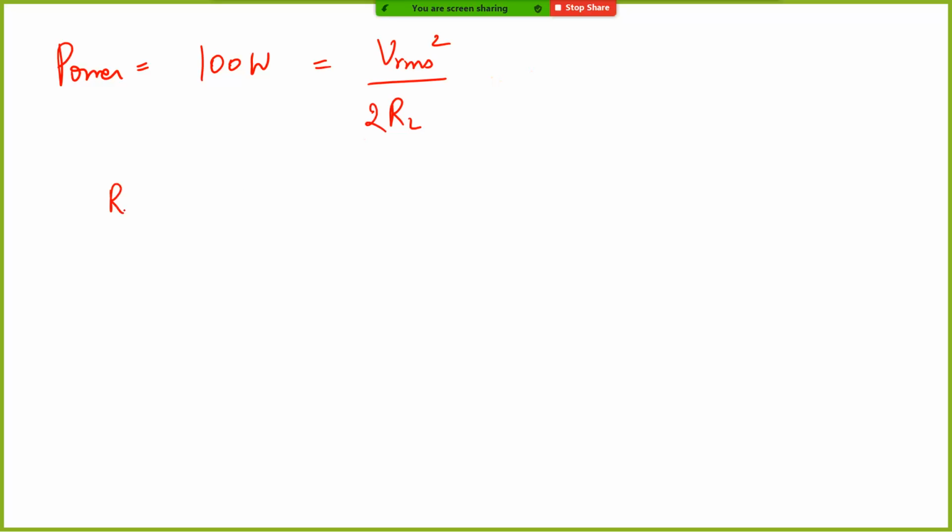Let's say RL again is an 8 ohm speaker, a professional 8 ohm speaker. So what is your Vrms? Basically it is root of 100 into 2 into 8 ohm, which is basically 40 volt.